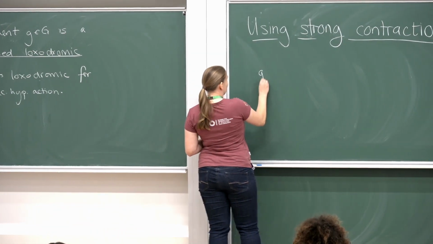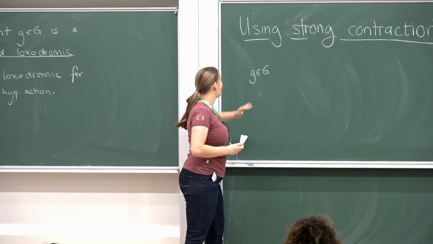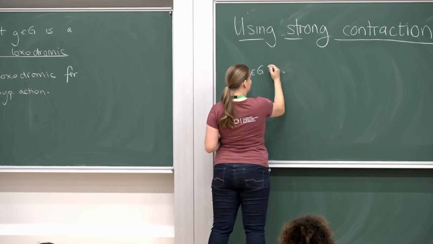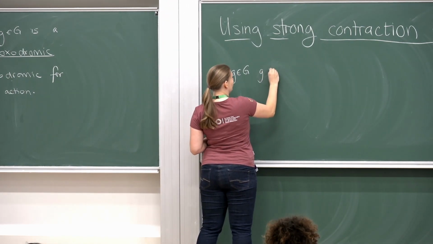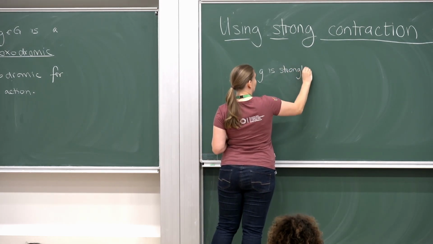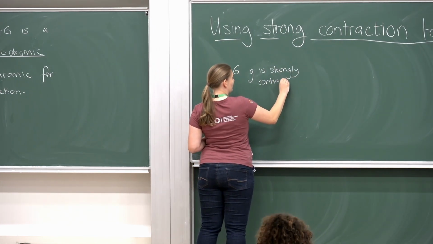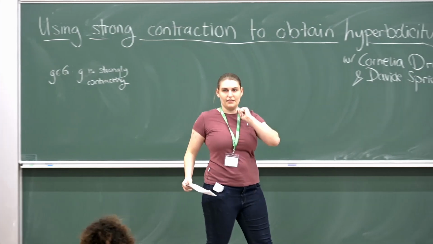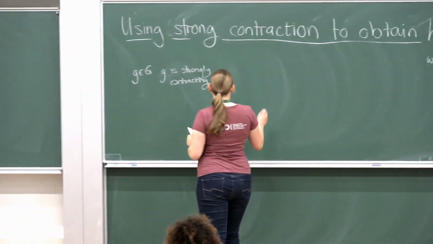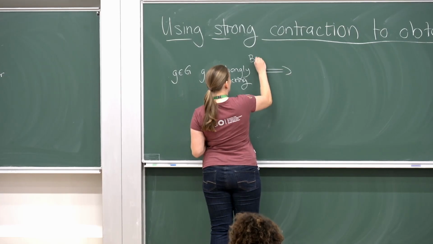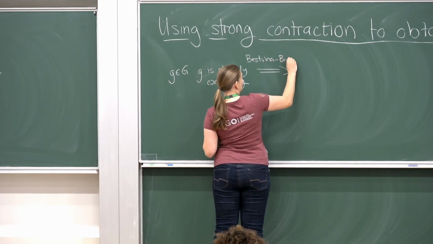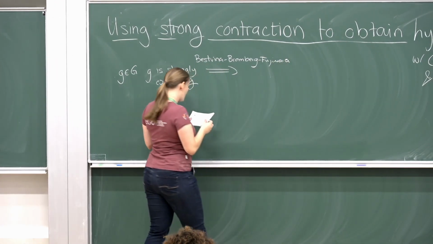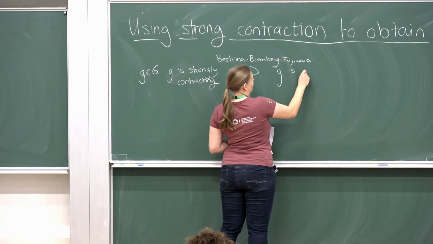Firstly, if we have an element g such that g is strongly contracting, and if you don't know what this is, it just means there are very nice hyperbolic-like features along this direction, then Bestvina, Bromberg, and Fujiwara showed that g is a generalized loxodromic.